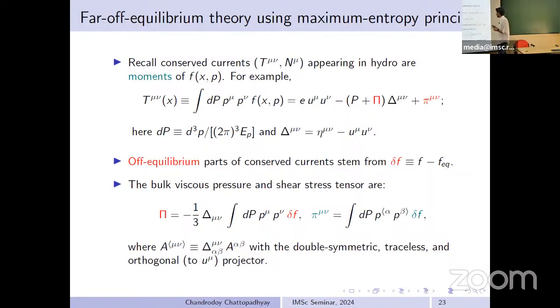We can think of it in the following way: this conserved current has some non-equilibrium corrections. All I need to formulate is evolution equations for these off equilibrium currents. These off equilibrium currents are of course related to the off equilibriumness of the distribution function.